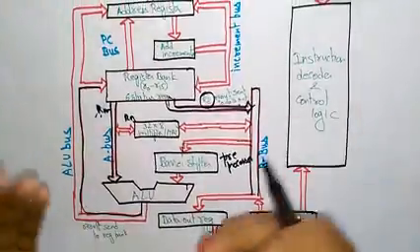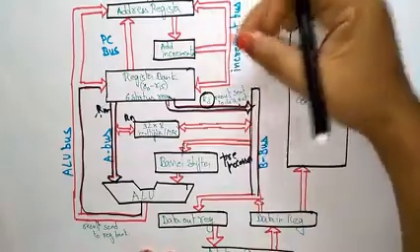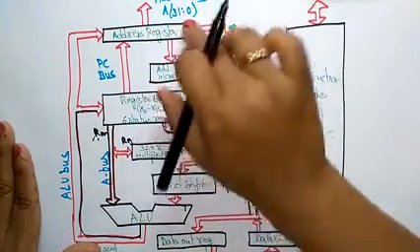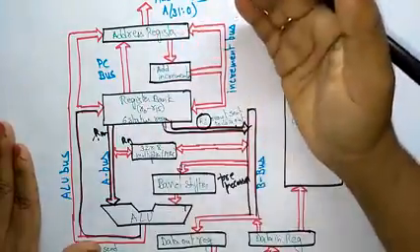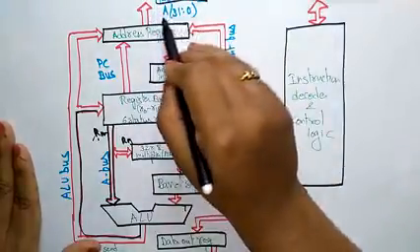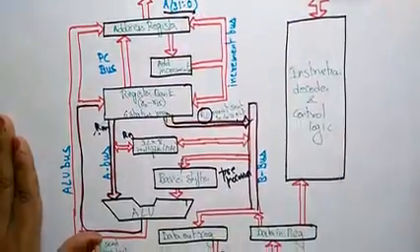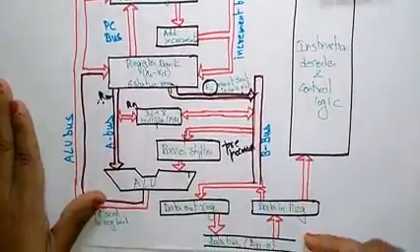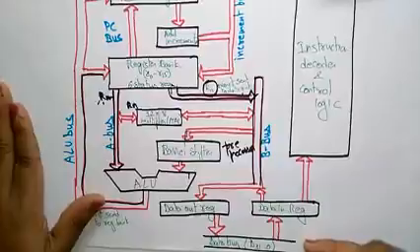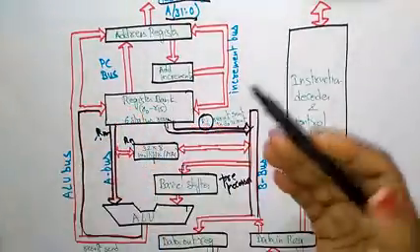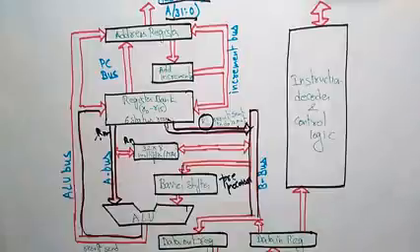And this is the address bus, which indicates the address to which we have to send the data. The address bus is 32 bit, 31 to 0, meaning 0 to 31, which is 32 bits. In the same way the data bus is also 32 bit. And here the address incrementer is there. It increments the address, meaning it points to the next location.